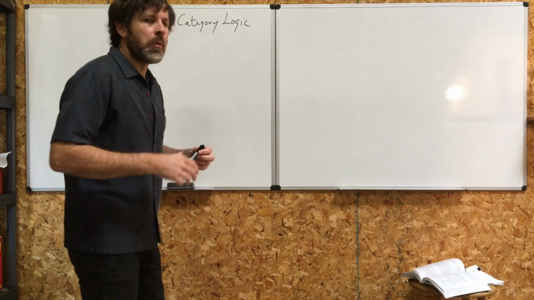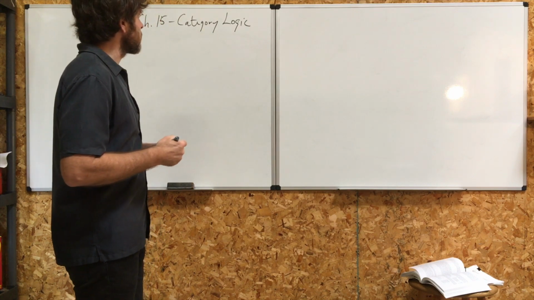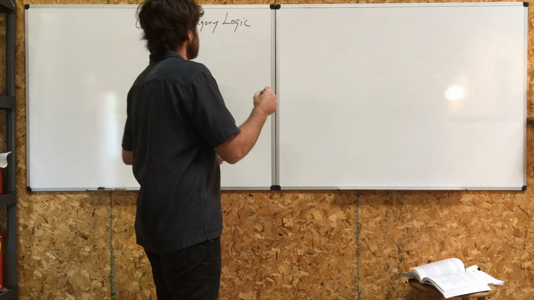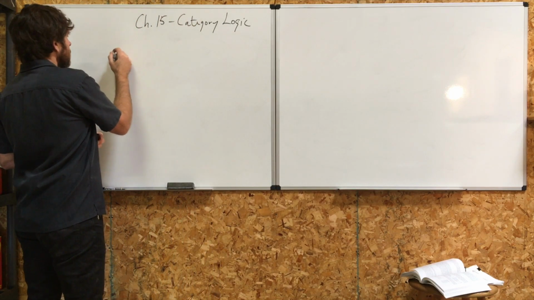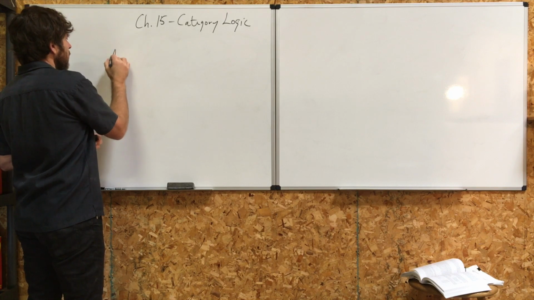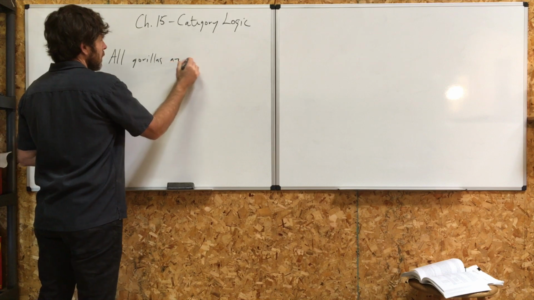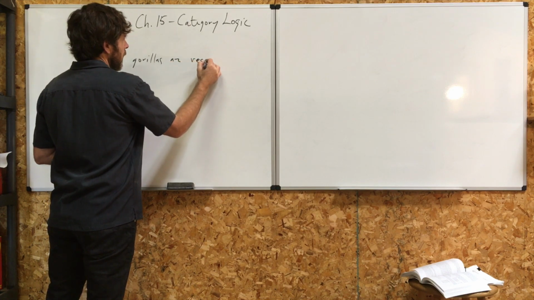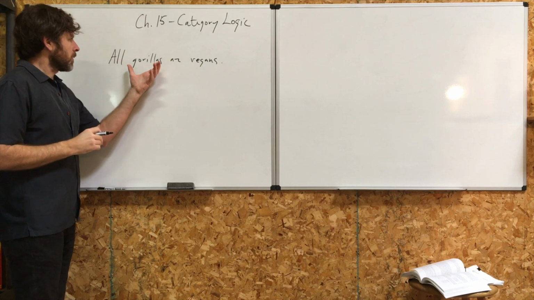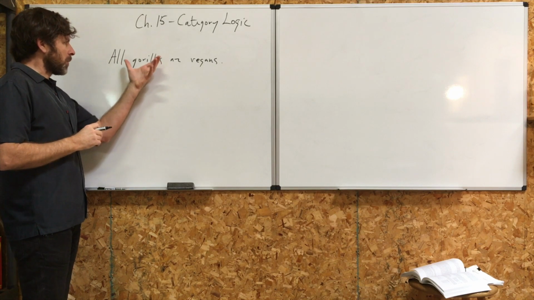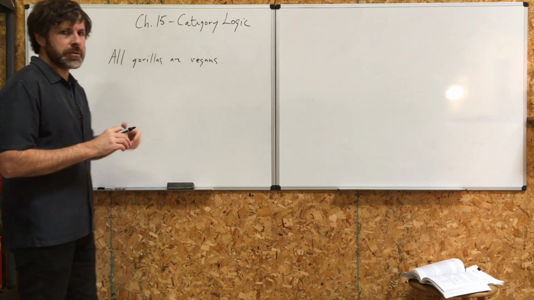Let's say a few more words about these four kinds of statements. Okay, let's do it over here, I guess. All right, so let's give an example here. So we say something like all gorillas are vegans. Let's say that. Okay. And as we said before, the subject here, every member of the subject term is included in the predicate term.